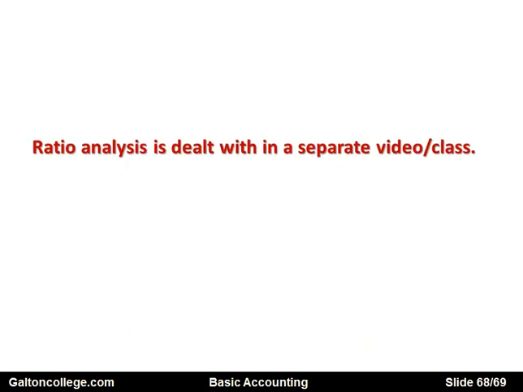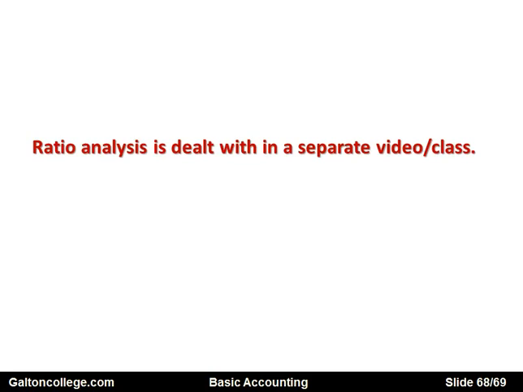As I said, the ratio analysis is dealt with in a separate video. So what we've done in this session is we've looked at the importance of accounts. We've talked about some basic procedures in developing the accounts, how accounts may be done internally, electronically, with software, or giving it off to accountancy firms and looking at the issues involved.